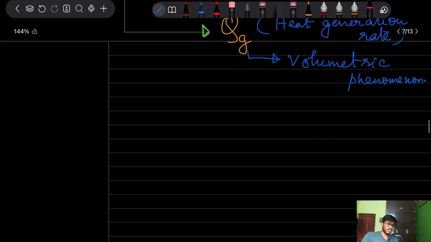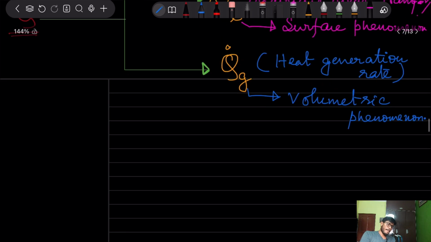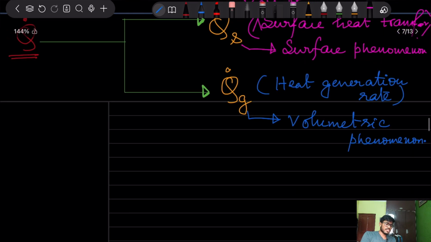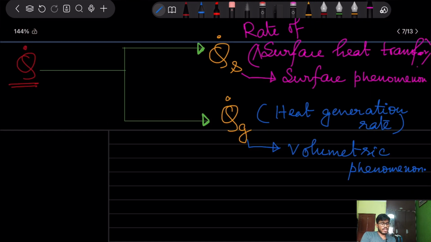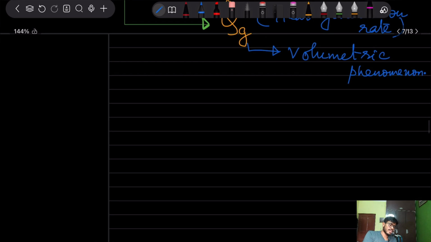Now let us dive down into q dot s and q dot g one by one and see how we can quantify these things. So this is q dot s.